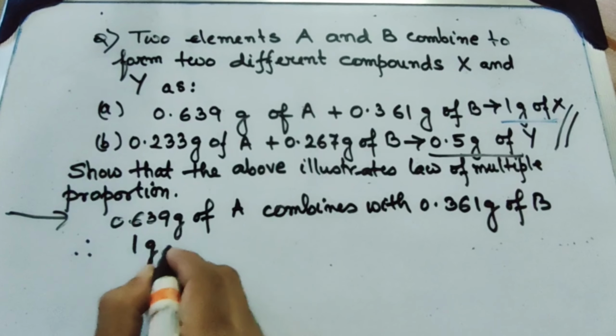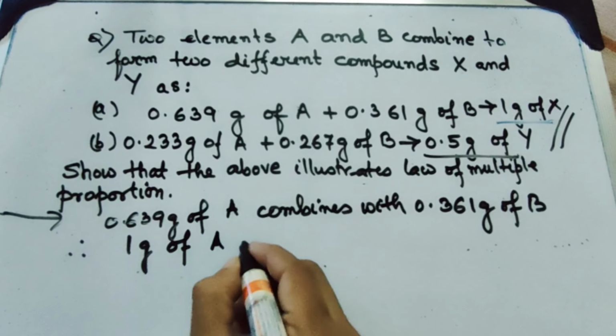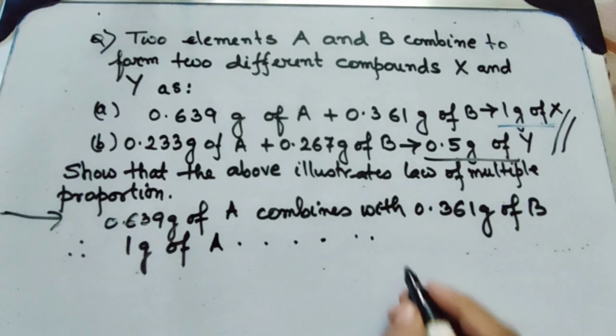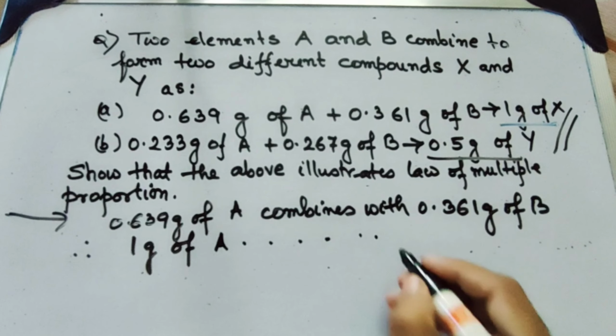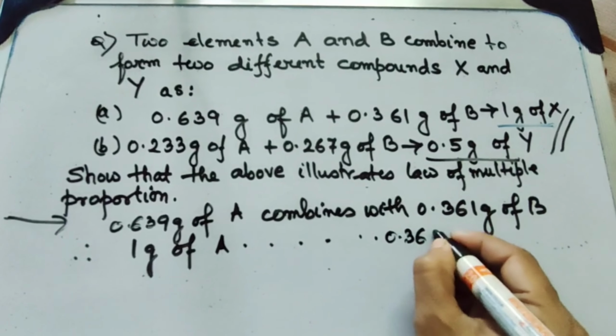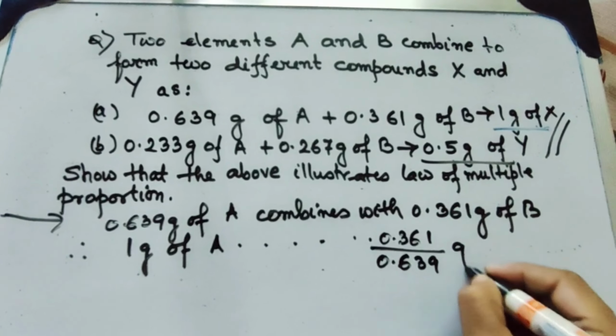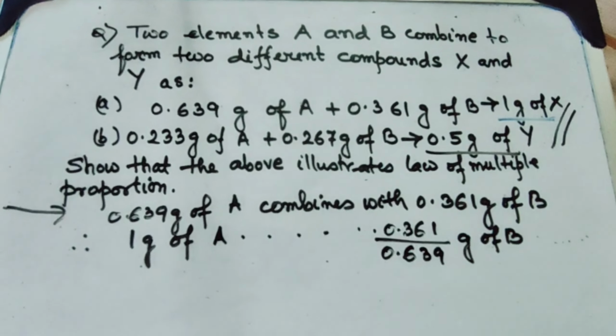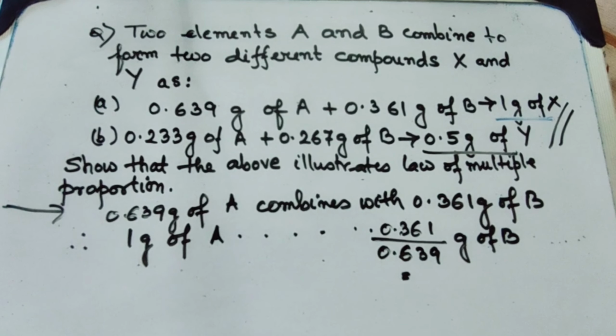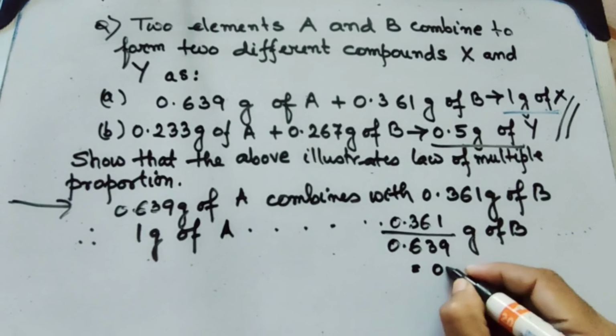Therefore, 1 gram of A will combine with unit mass, how much? 0.361 by 0.639 gram of B.